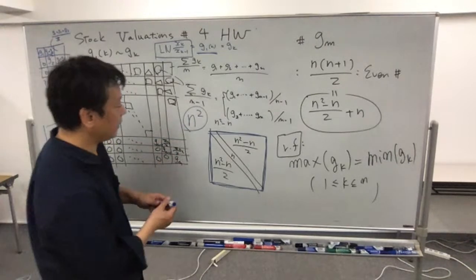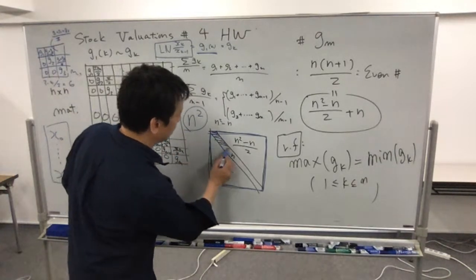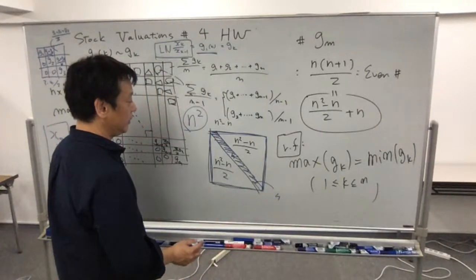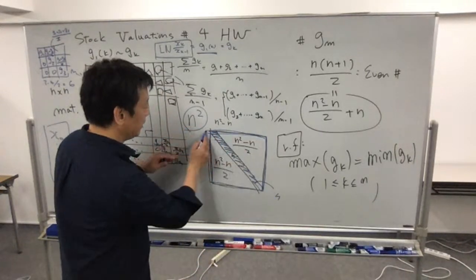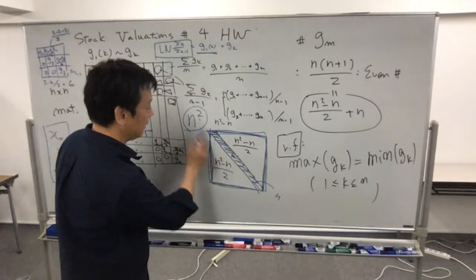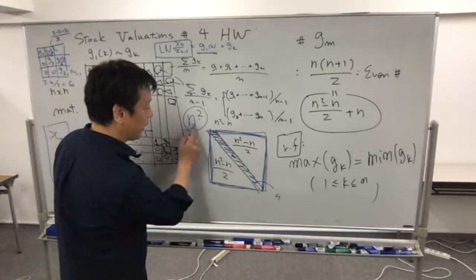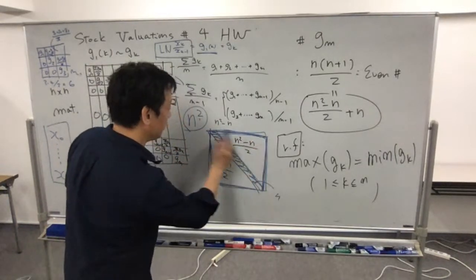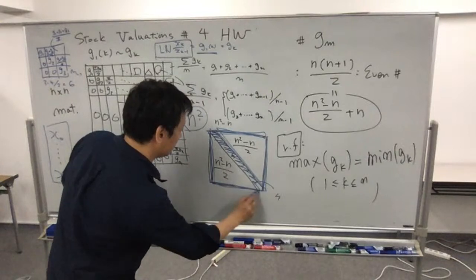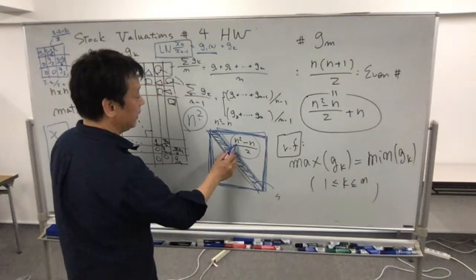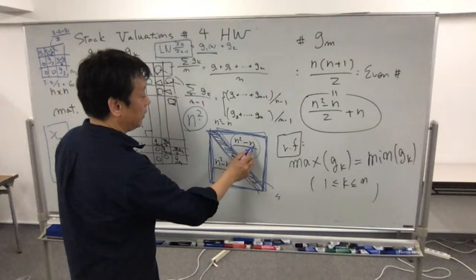And then the number of trace members here is n. So if we subtract n from n squared and take half, this area and this area, the number would be n squared minus n over 2.